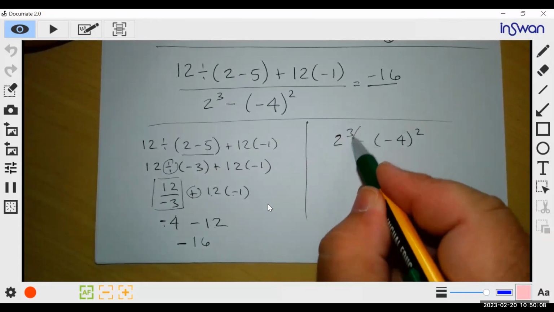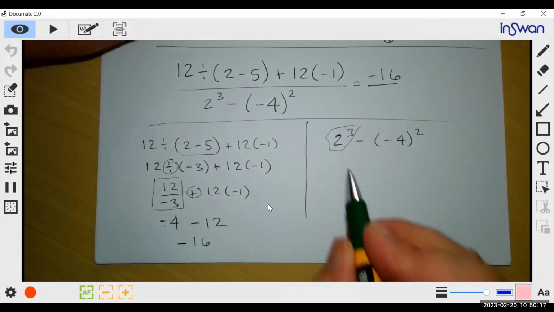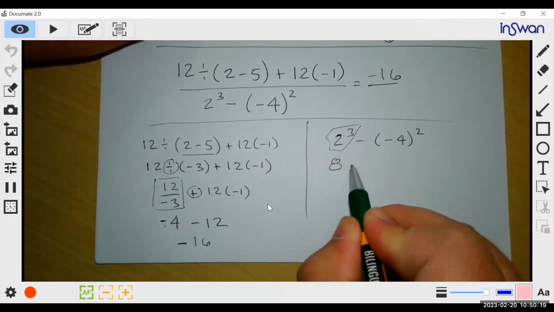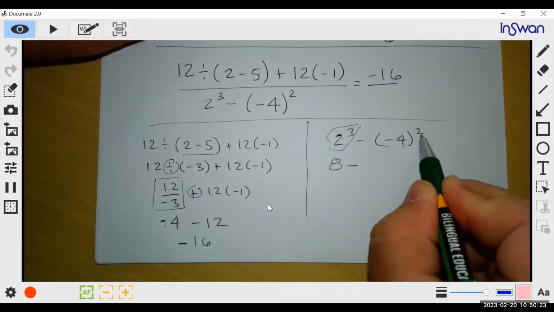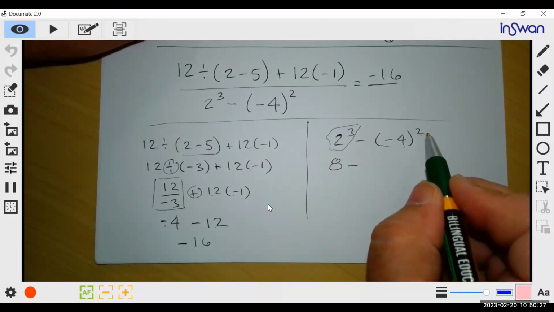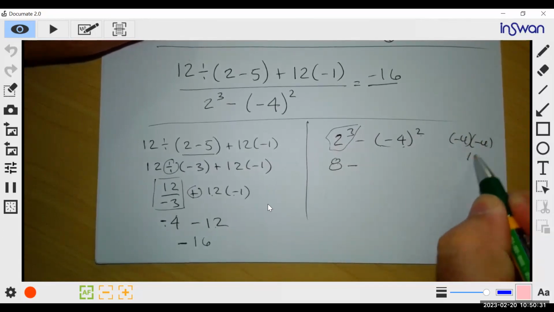On the bottom, 2 to the third is what? 2 times 2 times 2, 8. -4 to the power 2, positive 16. Because it's -4 times -4 makes it 16.